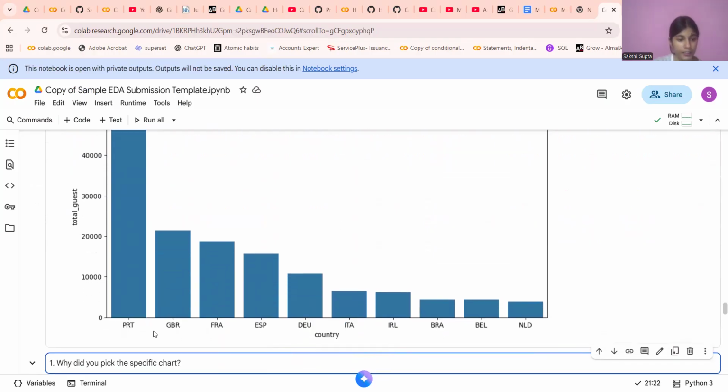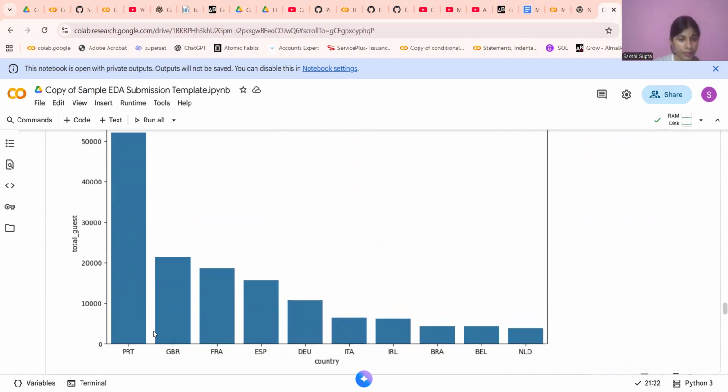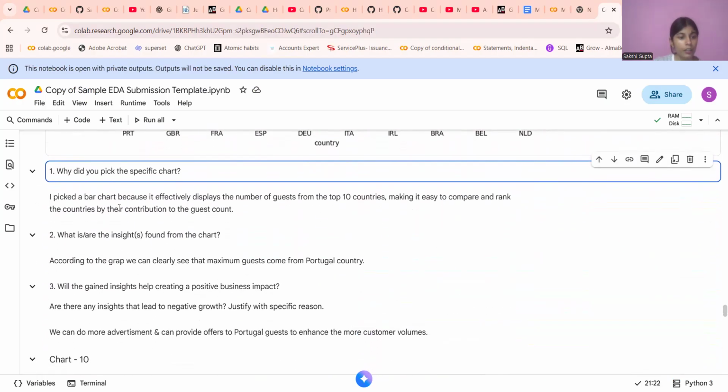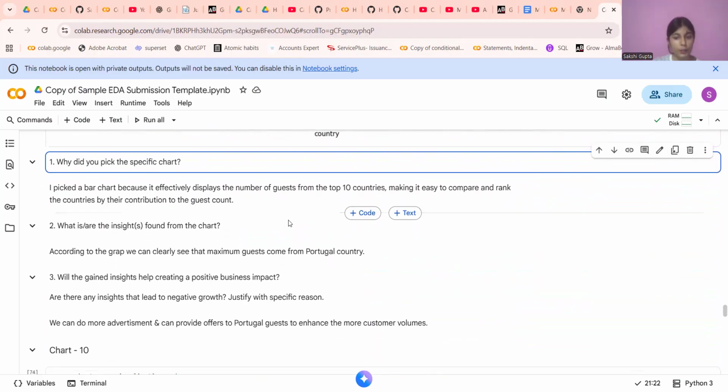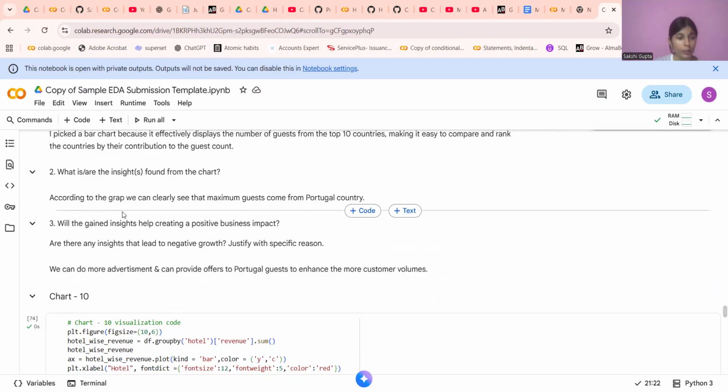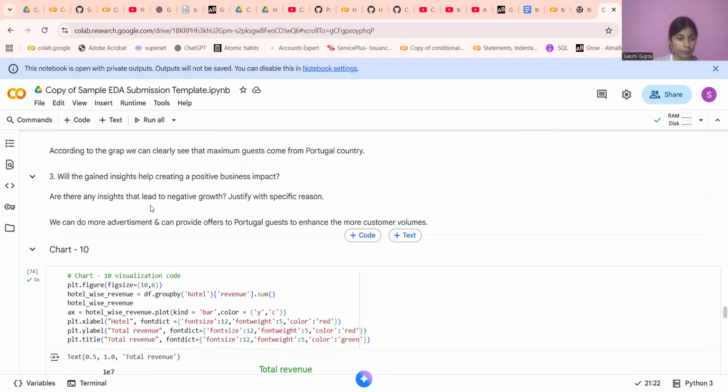Here PRT is the highest. Here I pick a bar chart because it efficiently displays the number of guests from the top 10 countries, making it easy to compare and rank the countries by their contribution to the guest count. And according to the insight from the chart, we can clearly see the maximum guests come from the Portugal country.